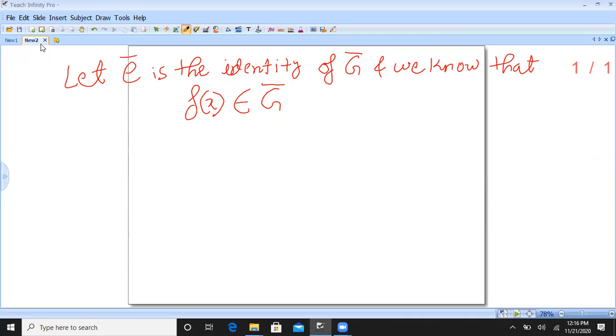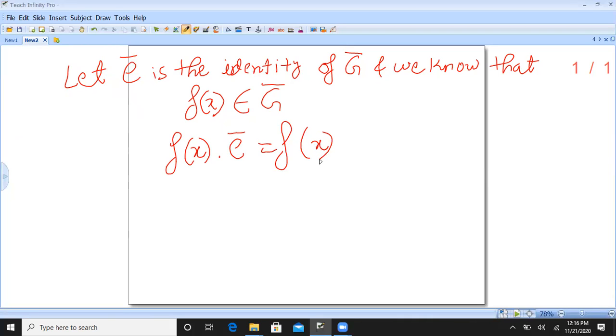Already the question says x belongs to G, and then directly we can say that f of x also belongs to G.